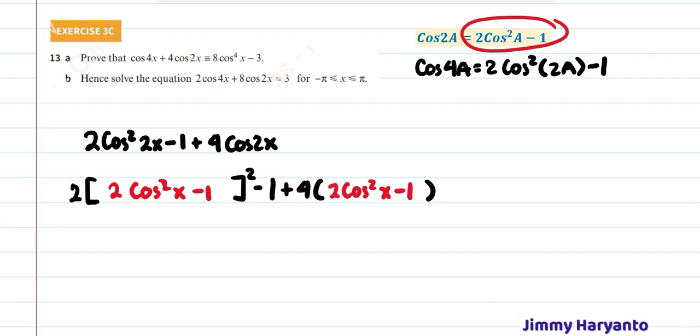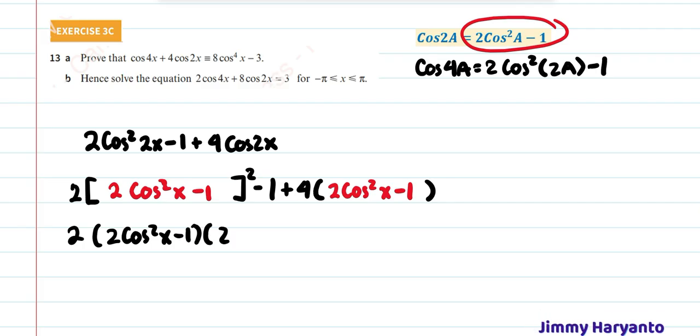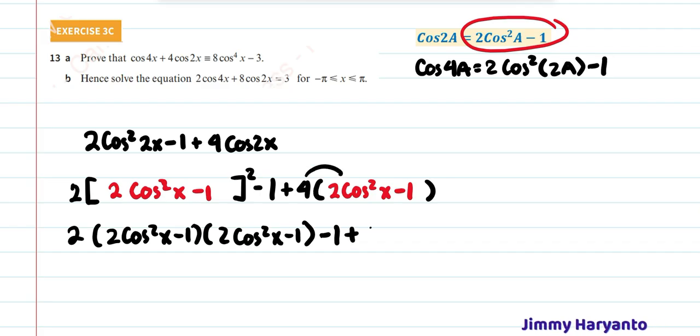And then we only have to simplify. We have to square it. That means we have to write it twice like this, 2 cos square x minus 1, and then minus 1, and then multiply this one, 8 cos square x, and then minus 4.